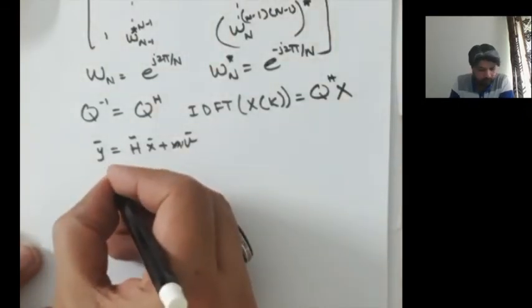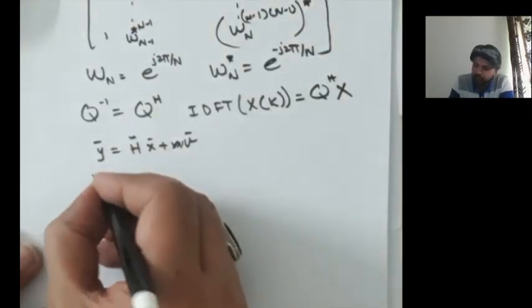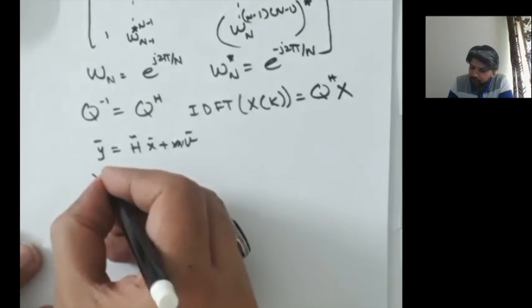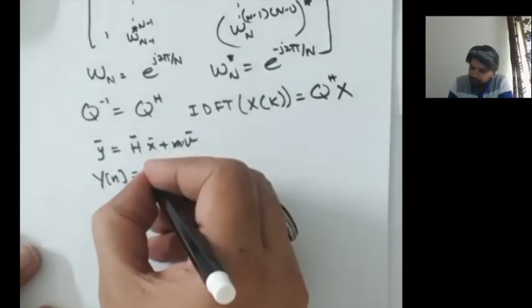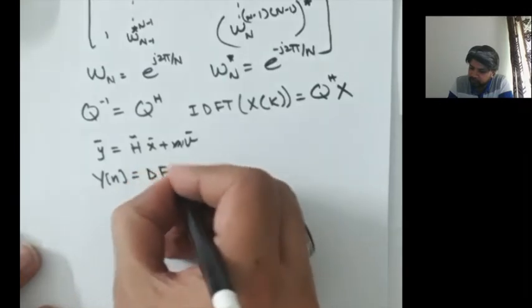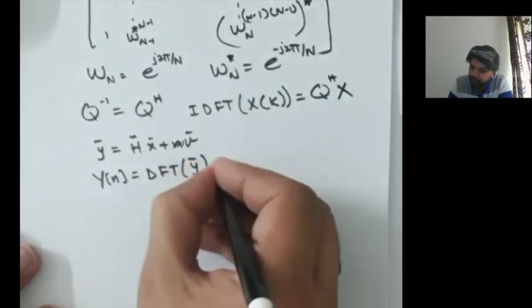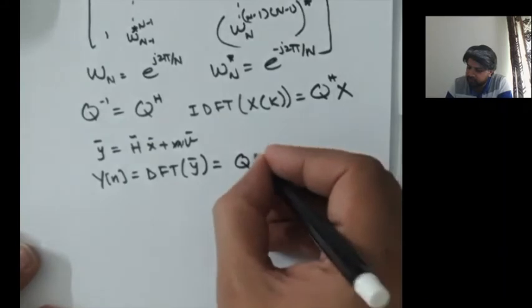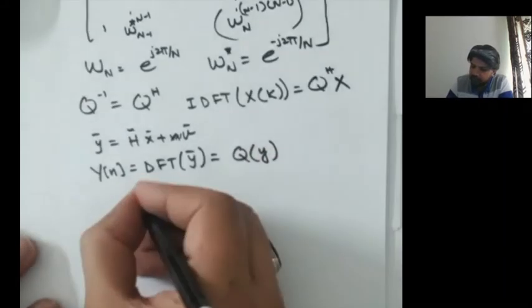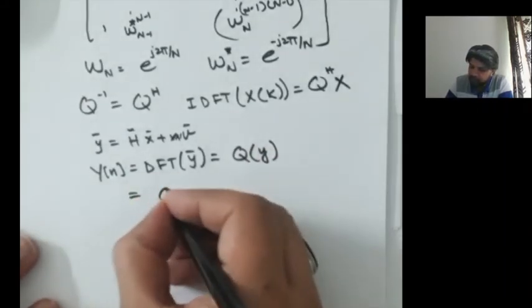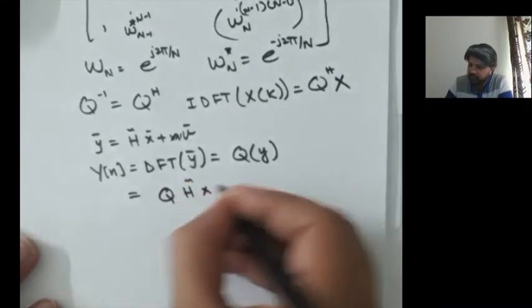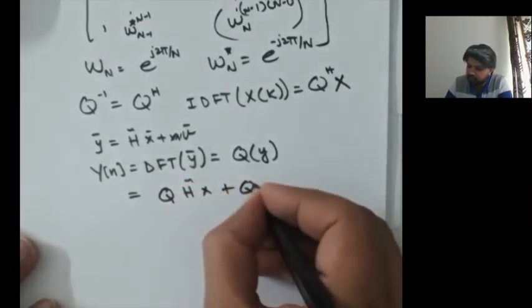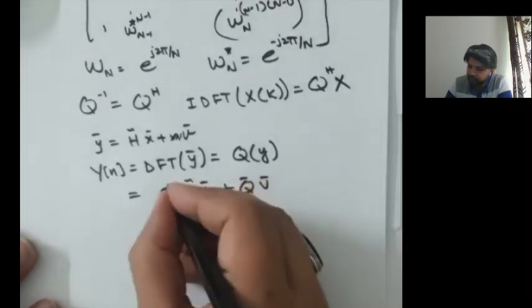The first thing you do is you compute y. So your y of k is nothing but the fast Fourier transform or discrete Fourier transform of the vector y, and that would be equal to Q times the y vector, and that would be equal to Q times this H tilde x plus Q times v, right?